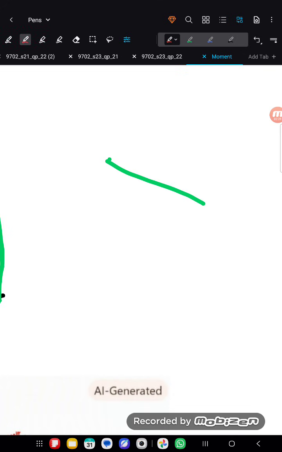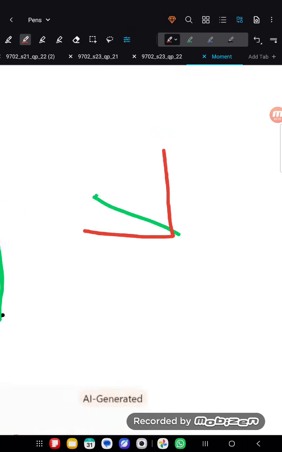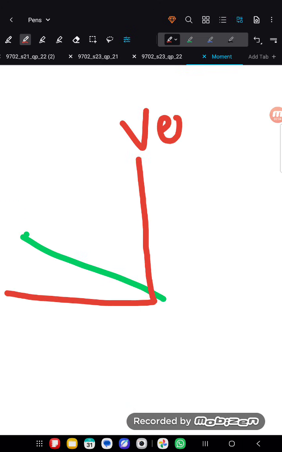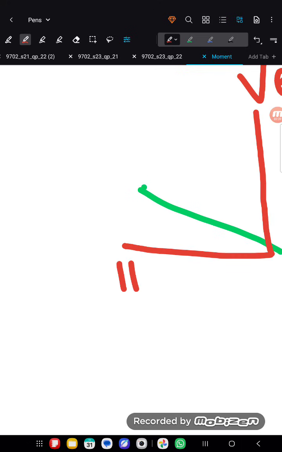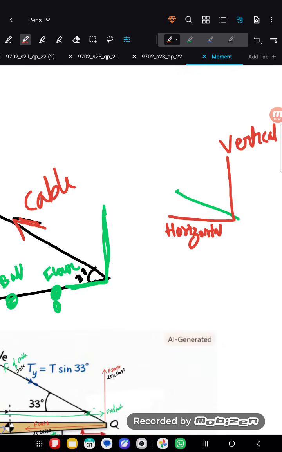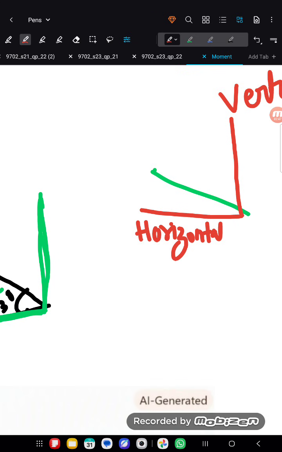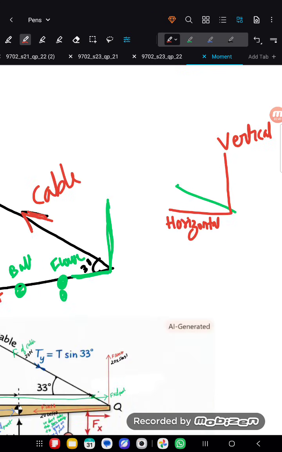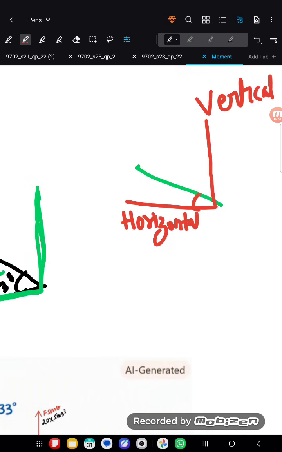So what's your work? You have to split into two forces, one vertical and one horizontal. Again I am repeating, when they give you a force and an angle, you have to split the force.